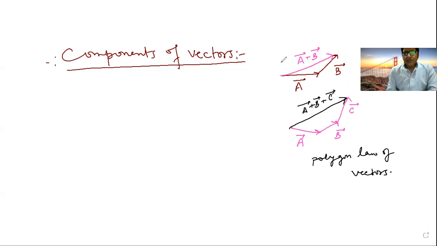Now, vectors can be in two dimensions. That means vectors can be in a plane, vectors can be in space, vectors can be three-dimensional.